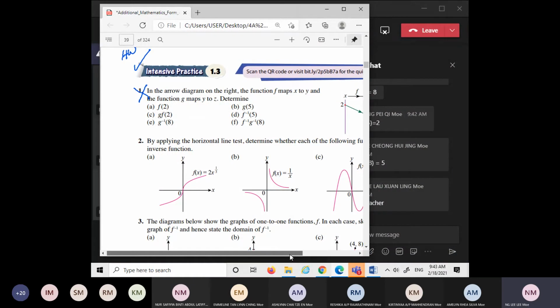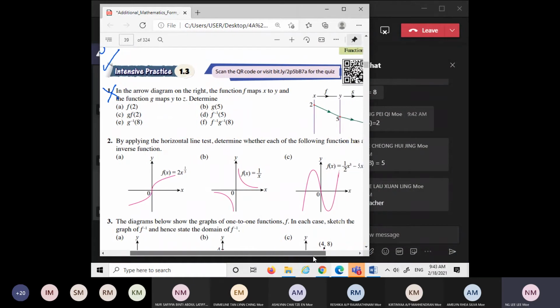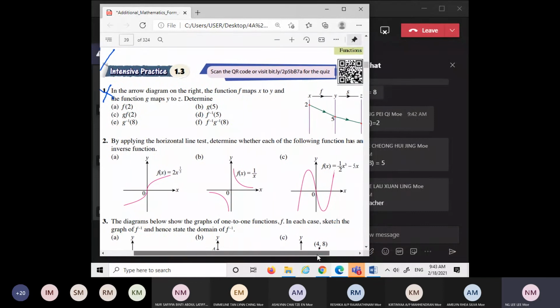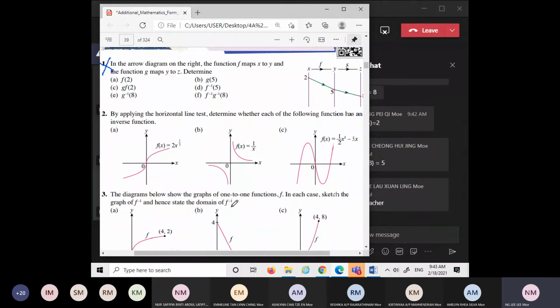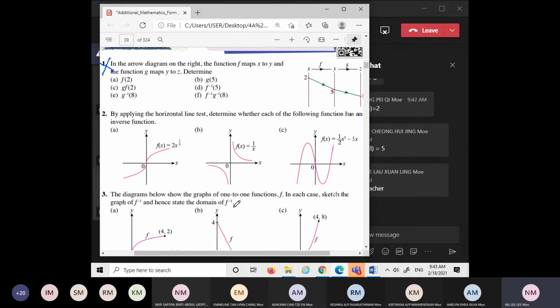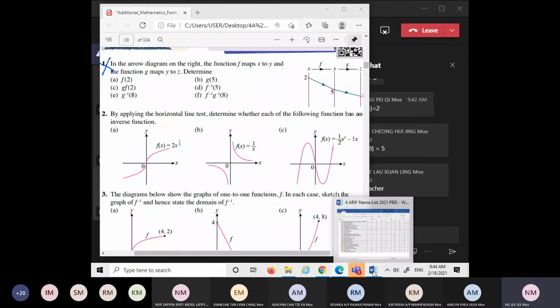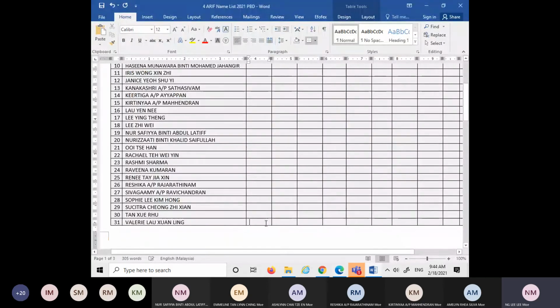By applying the horizontal line test, determine whether each of the following functions has an inverse function. You do A. Does A have an inverse function or not? Okay, answer yes. So Valerie is getting 1.